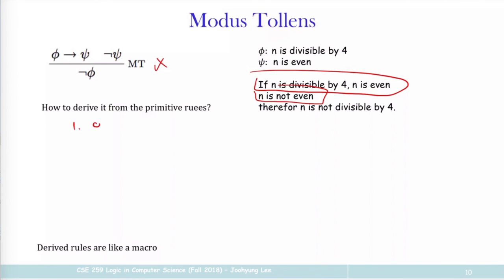I know phi implies psi is true. I also know negation of psi is true. I just try to derive negation of phi here. So without using modus tollens, how can you go from lines 1 and 2 to line n? Any idea?